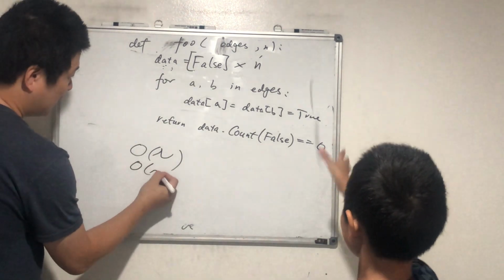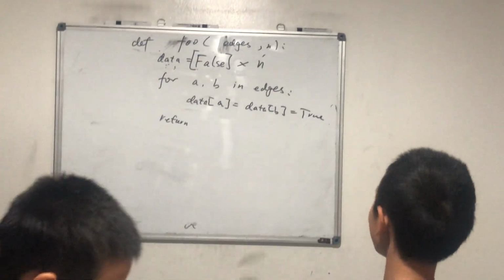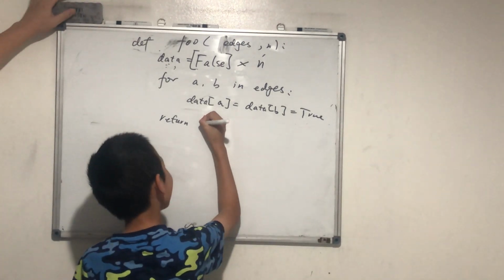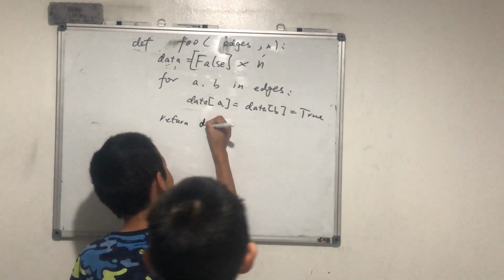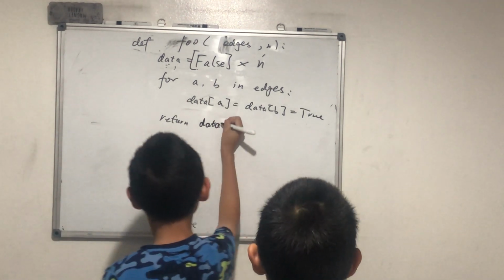Okay, so here, data.count, what? I just remember, it's easy. Data is the list.